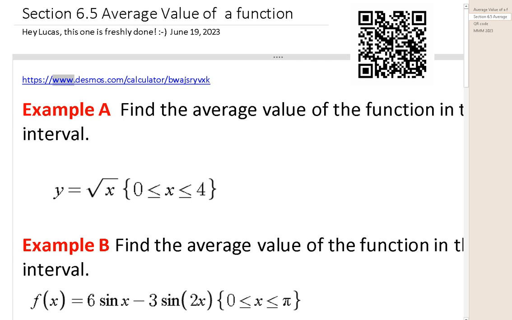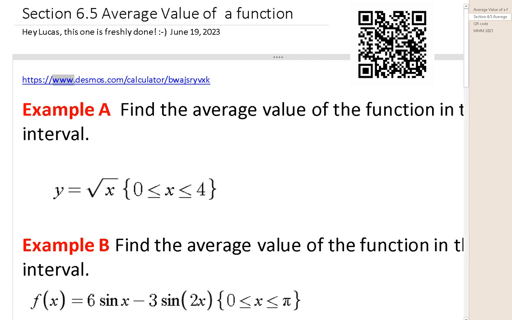We'll start with this function, y equals the square root of x. So, example A. And we're going to look at that on the interval 0 to 4. So y equals the square root of x on 0 to 4.